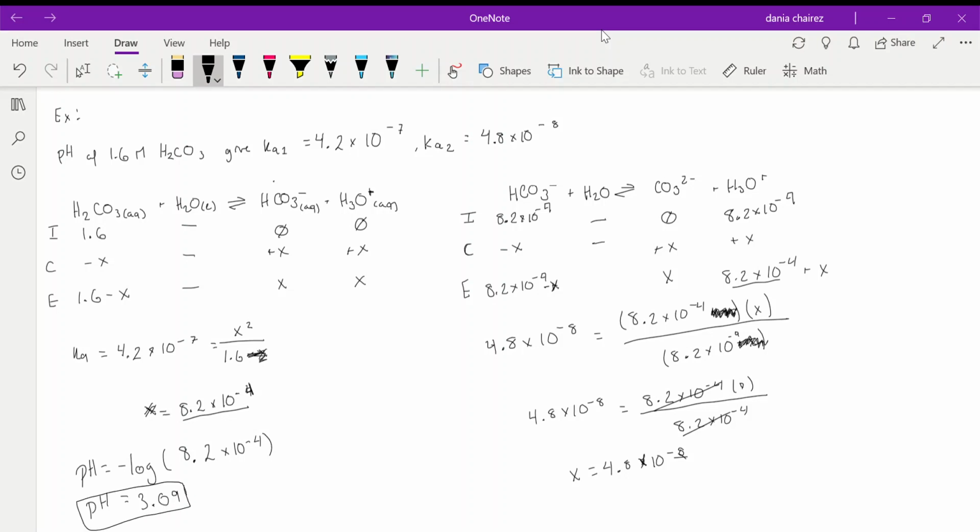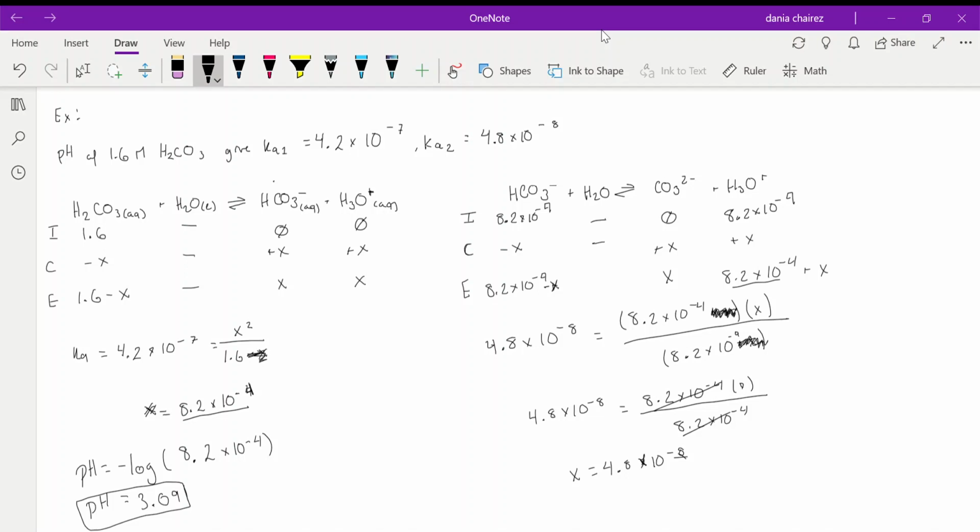So what I'm saying is essentially for you guys, since you do have a multiple choice exam, is that if you get a polyprotic problem, you can just take away the first one, like the first Ka, and just solve from there, because these next numbers are going to be so insignificant.